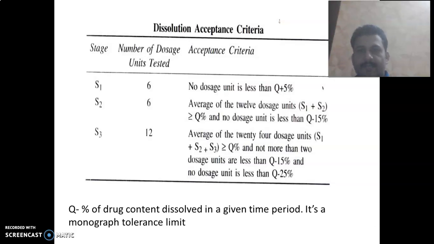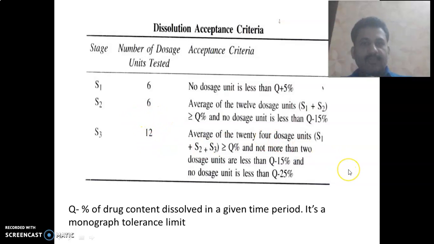Some units may be below Q, but no unit should be below it by more than 15%. That is the meaning of this. Then it passes. If not, go to stage 3, and again you have to take another 12.